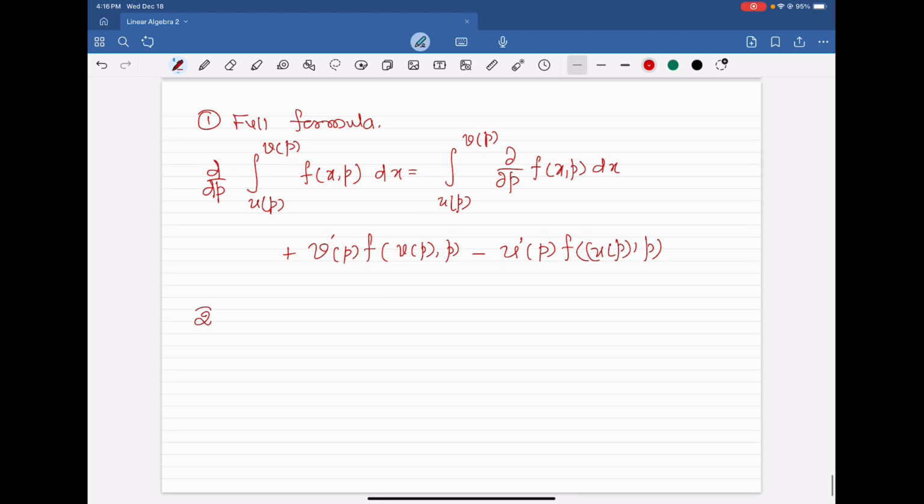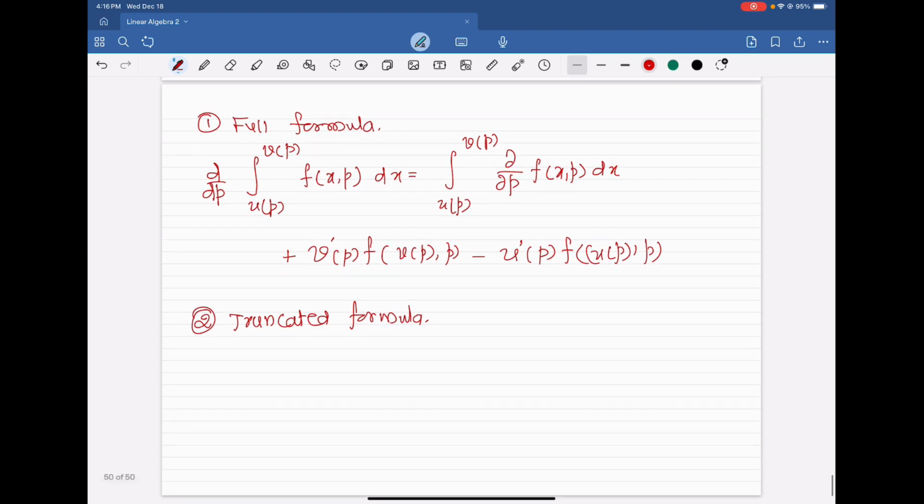Second, what is the truncated formula? Dou by dou p of function xp is equal to 0.